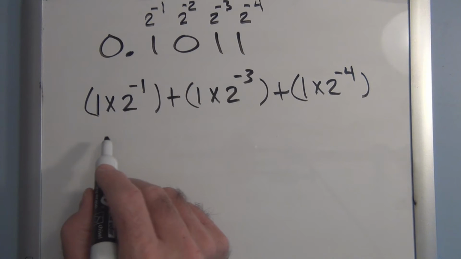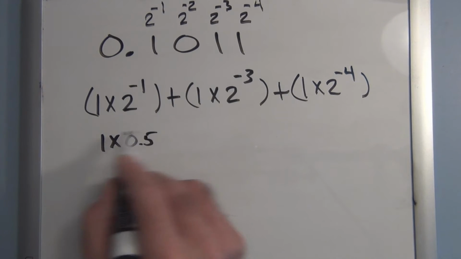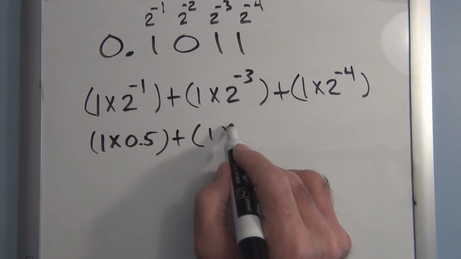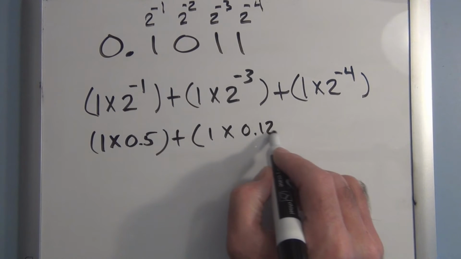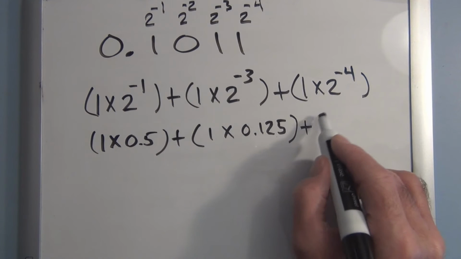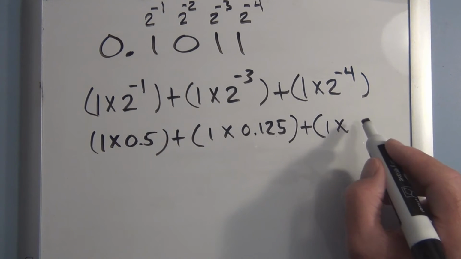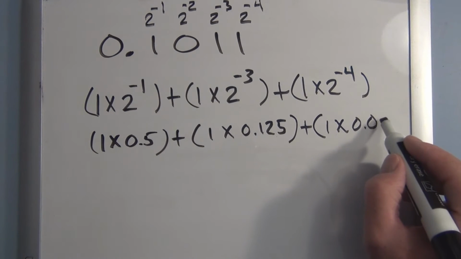So here we have 1 times 0.5 plus 1 times 0.125 plus 1 times 0.0625.